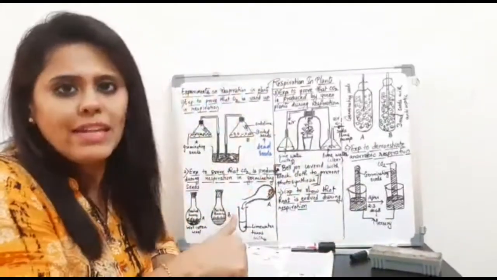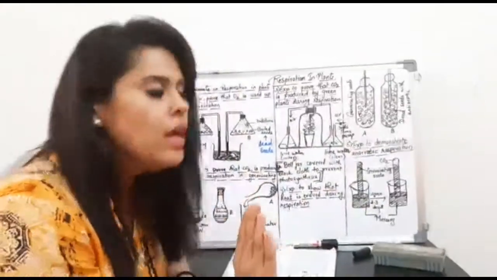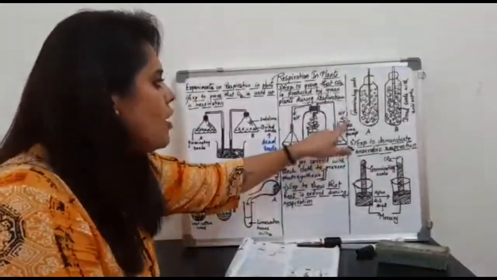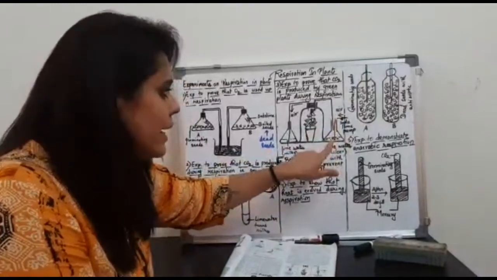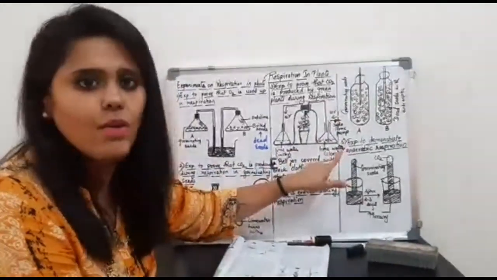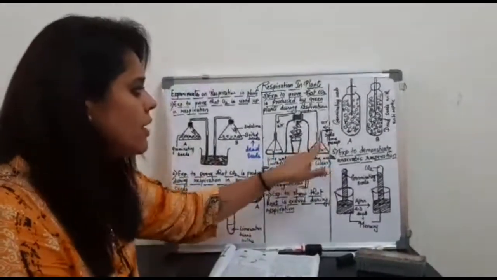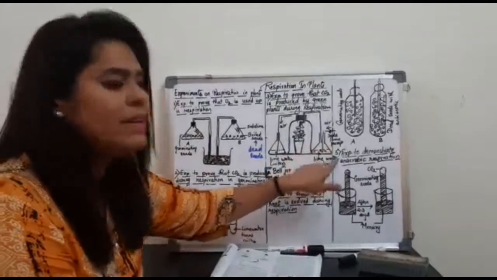The work that KOH does, soda lime also does the same. So this is for sure that the air that enters in, now this conical flask contains lime water. The air that enters the lime water will not let the lime water turn milky.